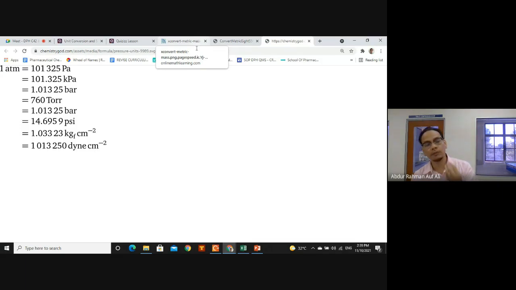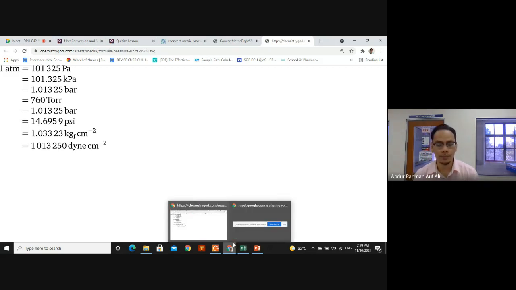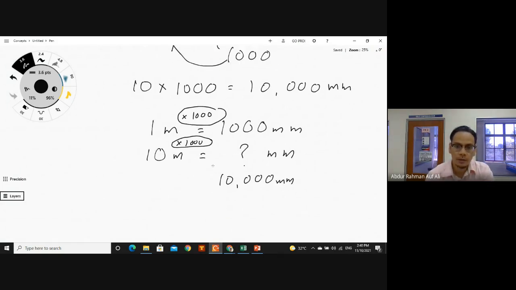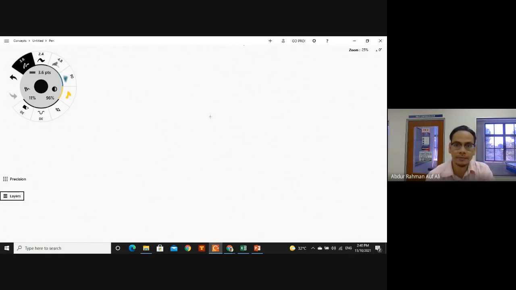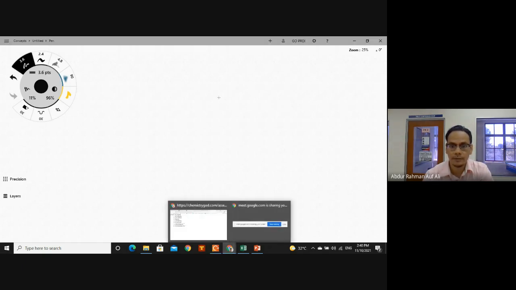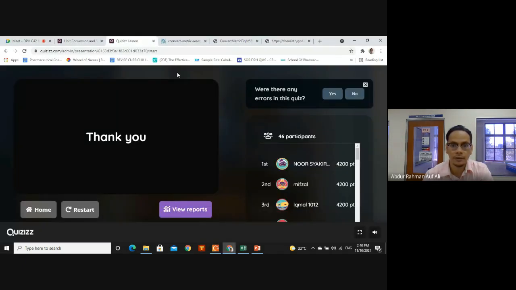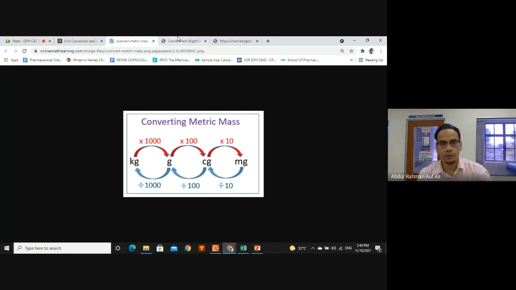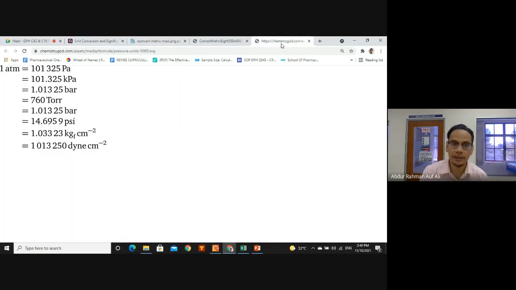I want you to be familiar with pressure and temperature units, because that's what we'll go through a lot in our module. What I want you to understand here is the conversion from ATM to kilopascal.